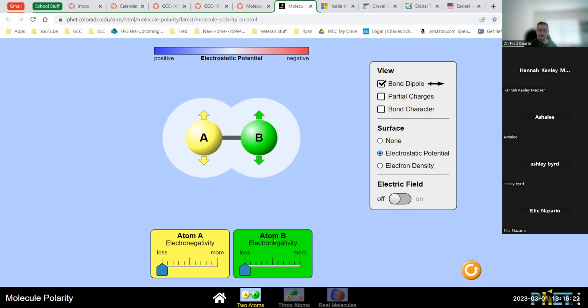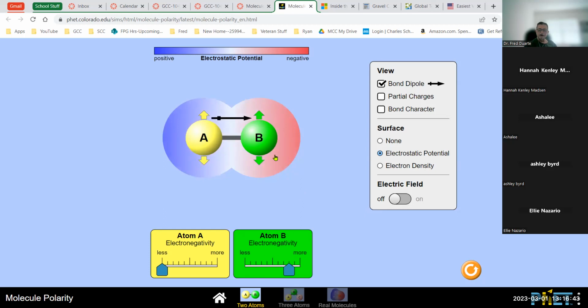So let's take the atom B and slide the scale to the right, and notice B becomes more red in color, and A becomes more blue in color until we can go all the way, a pretty red color.